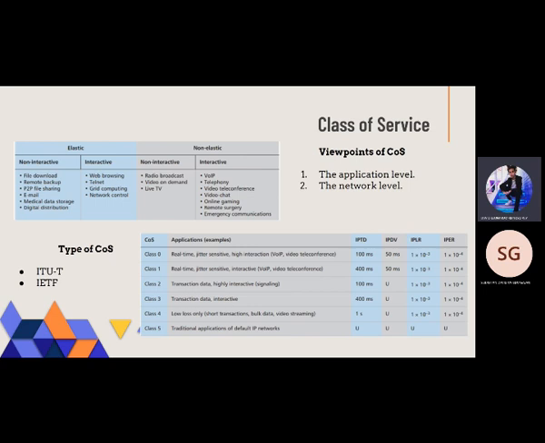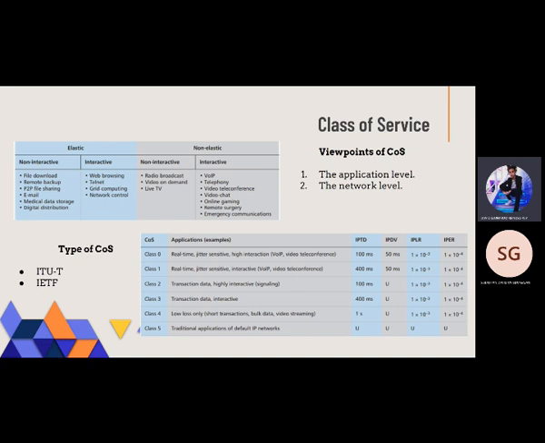The second topic of this presentation is the class of service, which can be defined by four terms. The first is the service identity, the second is the virtual network, the third is the link capability requirements, and fourth, traffic threshold parameters. The class of service has two viewpoints, the application level and the network level.